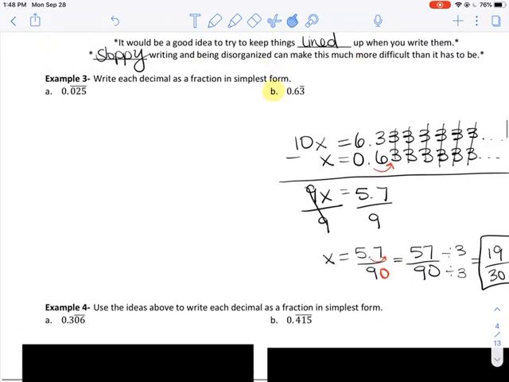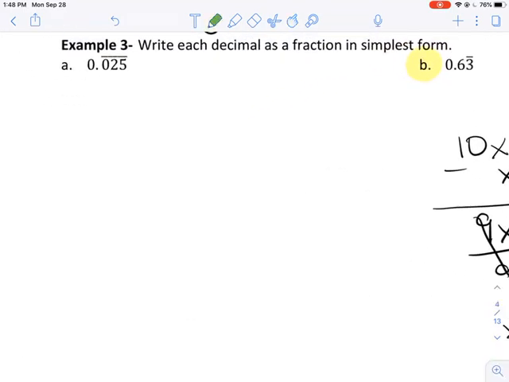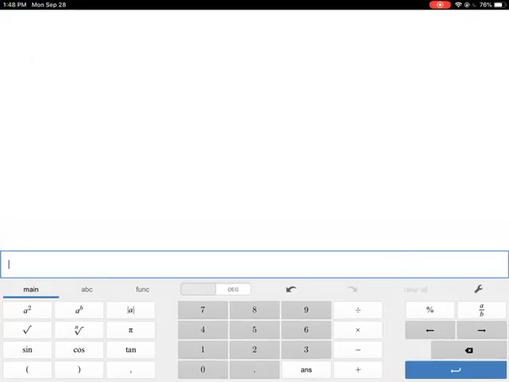Let's do this over here. We have this one where the bar is over all of the numbers, so it's not going to turn out weird. We can put the numbers that are there on the top of the fraction. And then however many digits repeat, that's however many 9s go in the bottom. Okay, let's check it. 25 divided by 999.